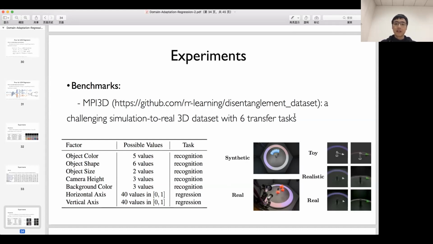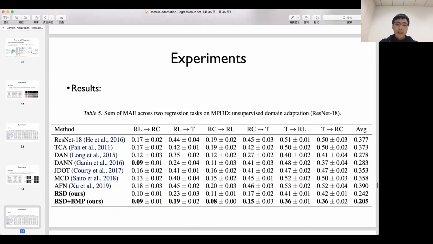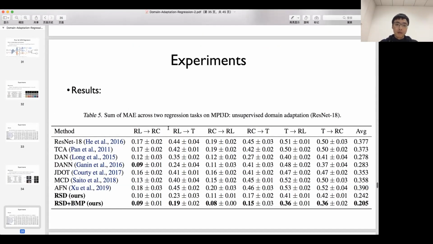In fact, we have 6 transfer tasks. We can use the synthetic domain as the source domain and the real domain as the target domain. We can also change it: for example, we can use the real domain as our source domain and the synthetic domain as our target domain. In this task, toy is the simulation dataset and real is the real dataset. In our experiments, from real to toy is from real to simulation, and from toy to real means from simulation to real.